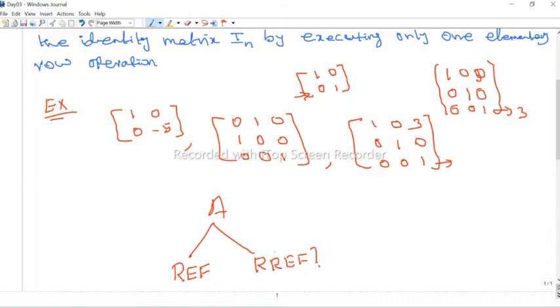Take A and multiply by some elementary matrix E1, then multiply by another elementary matrix, and so on. You get a finite product of elementary matrices, and you will get the row reduced echelon form.